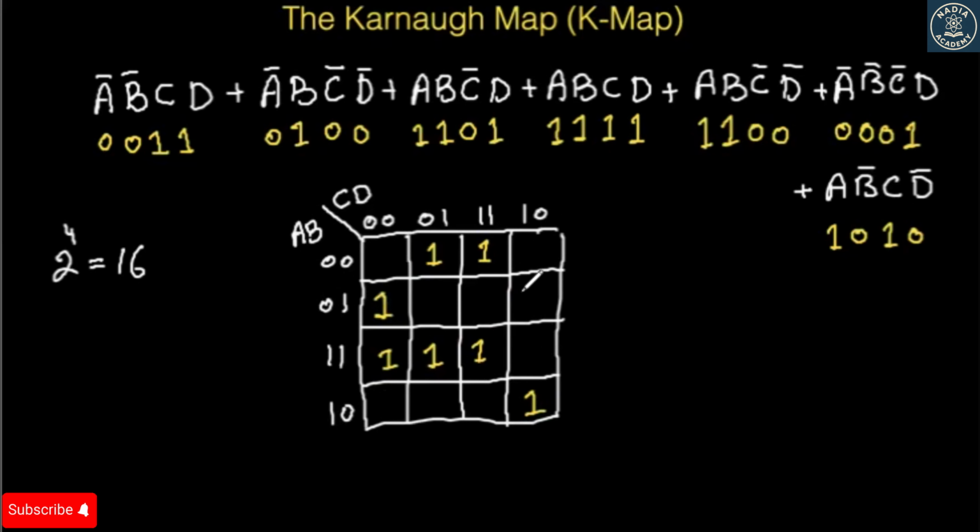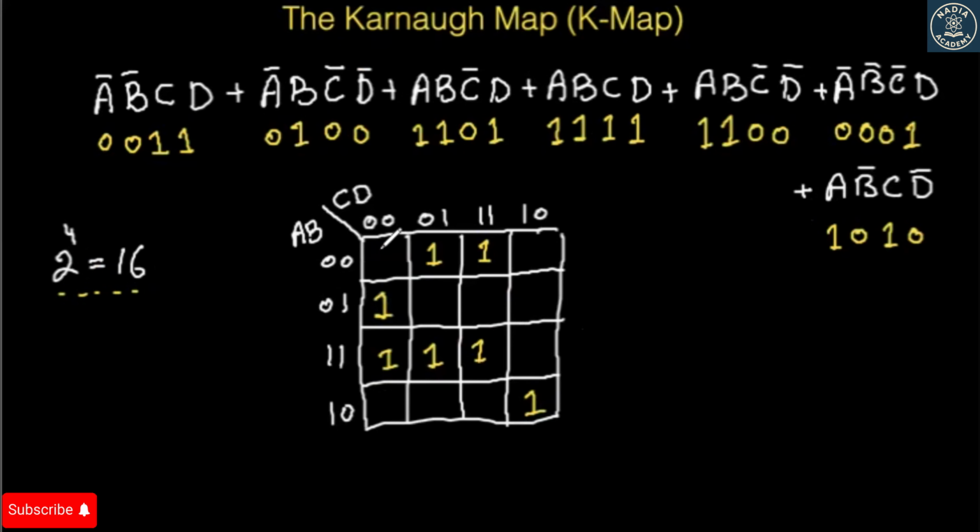Okay, so now this is our K-map of this Boolean expression. So what is the method? First, we look at the domain of this SOP Boolean expression. Here it is A, B, C, D. So we have 4 variables, so the number of cells will be 2 power 4, meaning 16.